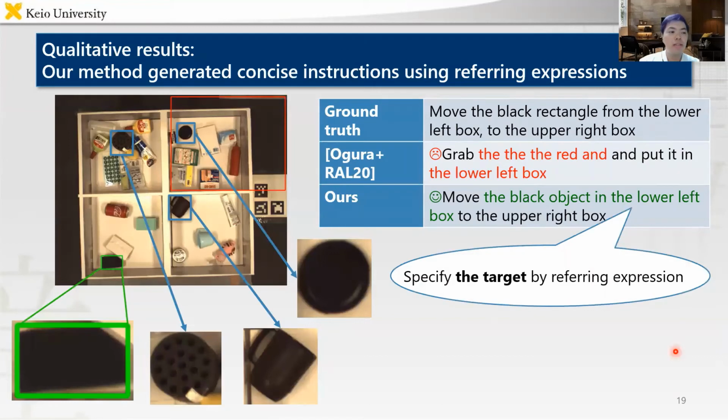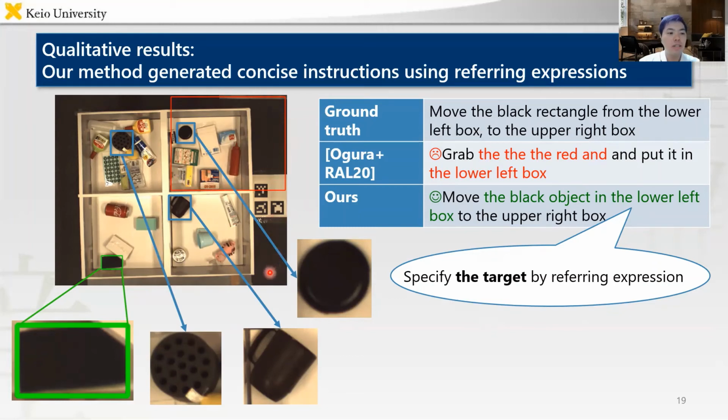The qualitative results are shown below. This shows an input image, the ground truth instructions, and generated sentences corresponding to it. In the figure, the green box shows the target object, and the red box shows the four destinations. In this example, the target object is the black object in the bottom left area, and the destination is the top right area.